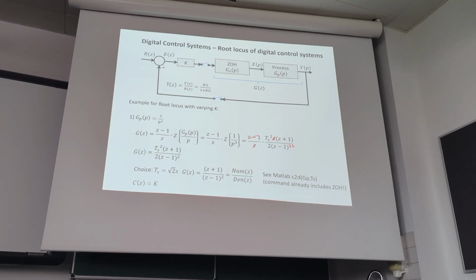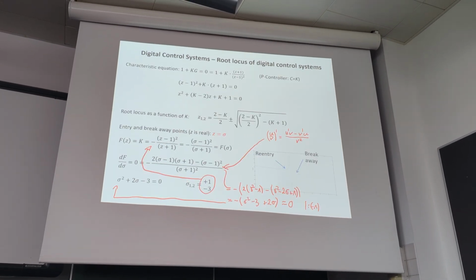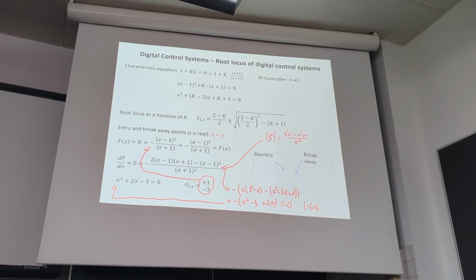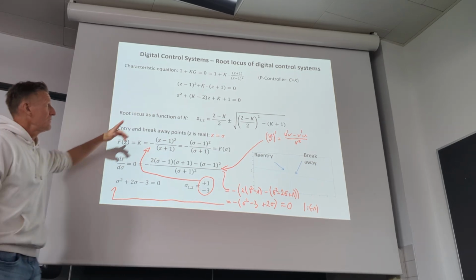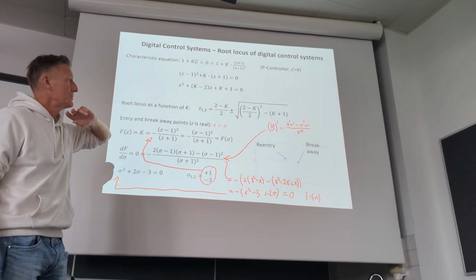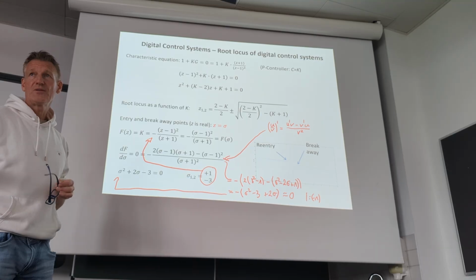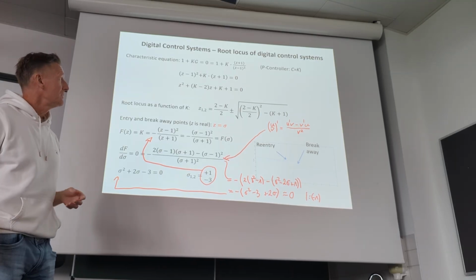The controller is a simple proportional controller with the transfer function k. So what did we do? We wrote down the characteristic equation, 1 plus kG equal to 0, which is used to determine the poles of the closed loop system.